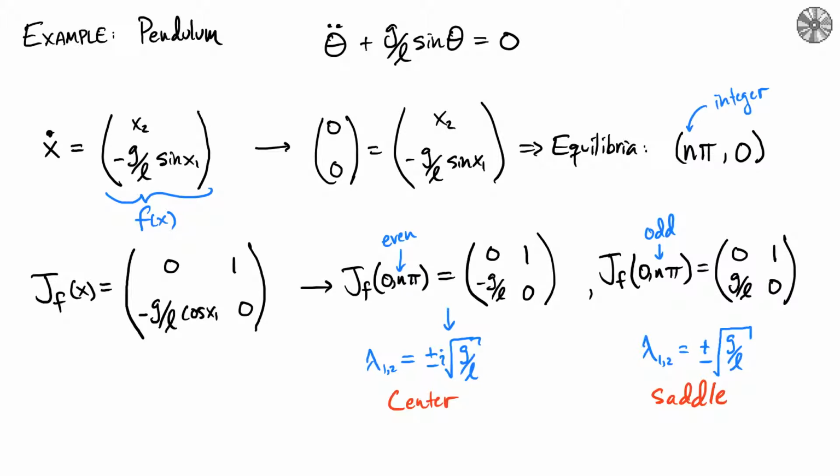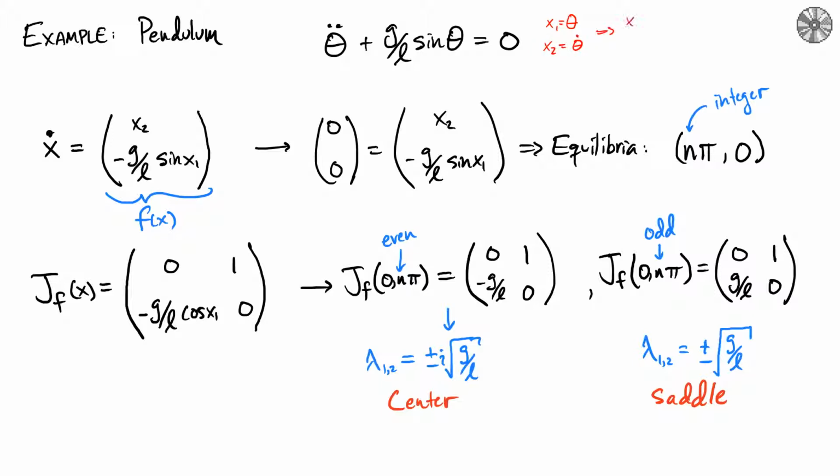So let's see an example of how we could linearize a nonlinear dynamical system. The first step is to write our differential equation in terms of a state, x1 and x2. We write that x1 is just going to be theta, and that makes x2 equal to theta dot.